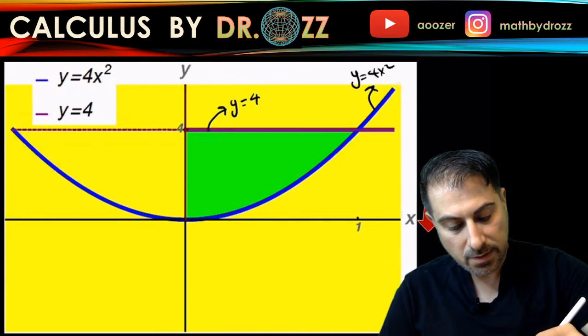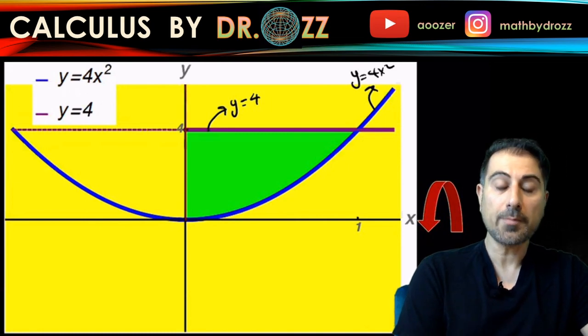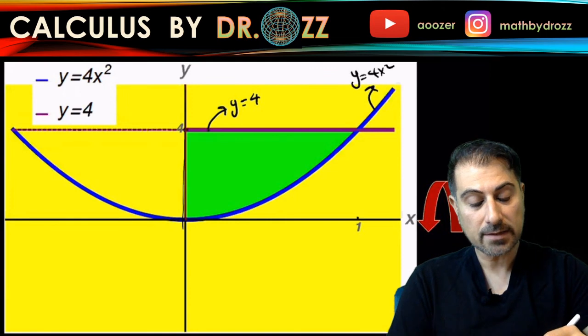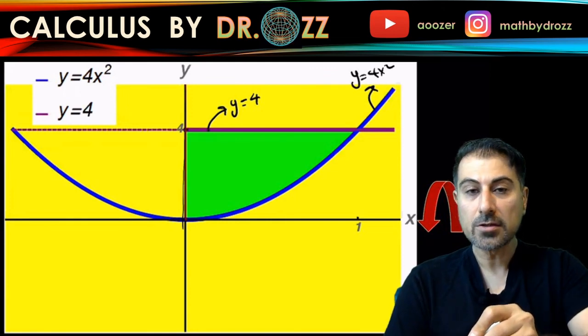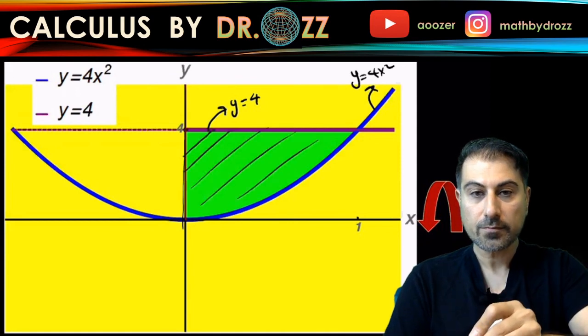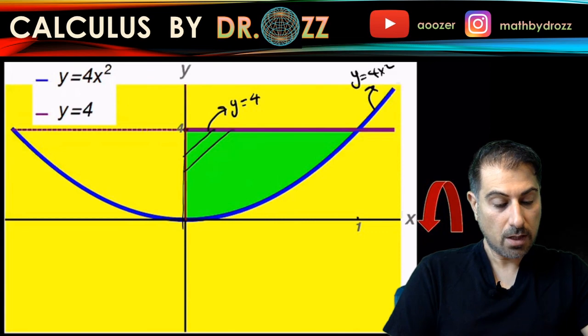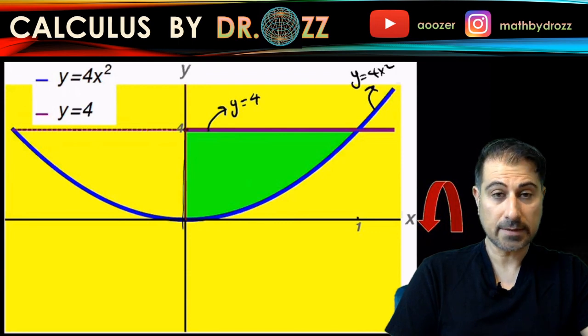As you see, at the bottom the region is bounded by the blue curve, on the top by the horizontal line, and on the left by the y-axis. What is asked in the question is the volume generated by revolving this green region about the x-axis.